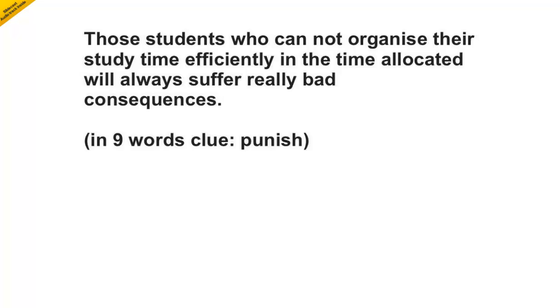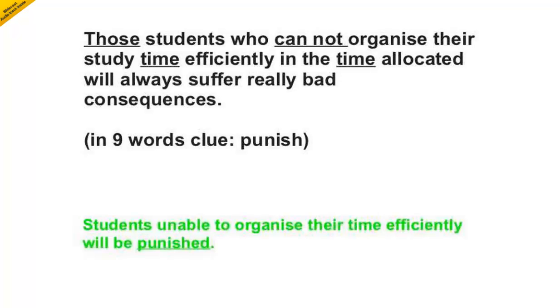Okay? So we've got those students who cannot organise their study time. Possibly we could just cut those and we could just say students who cannot organise their study time. Alright? It's more concentrated. And then we've got the negative structure, who cannot. Okay?